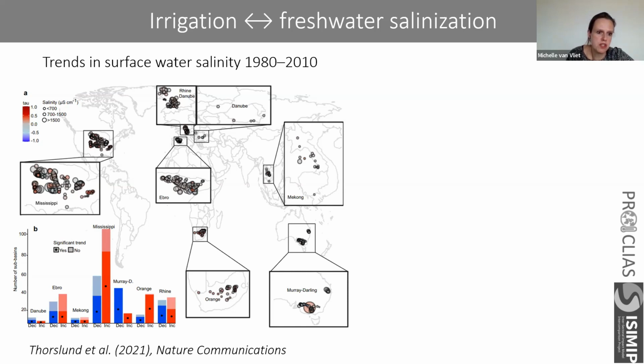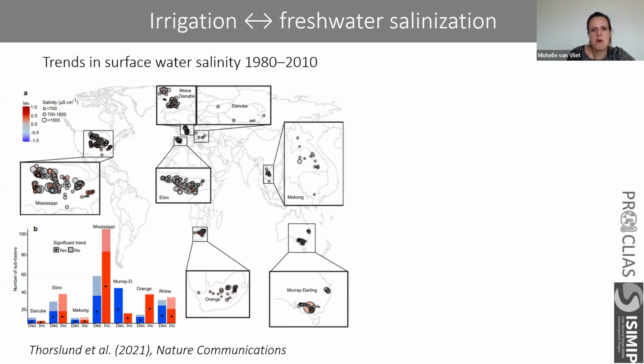Here you see a histogram showing the number of sub-basins for each of those main basins, with the red bar showing basins for which an overall increasing trend in salinity levels was found over that period, and blue showing a decreasing trend.